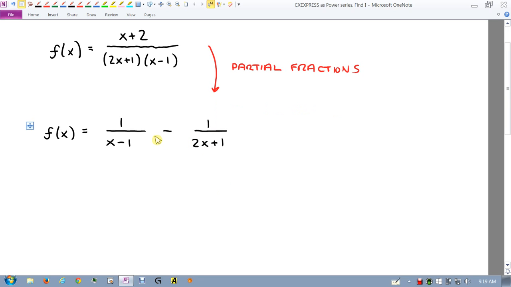Each one of these individually looks exactly like something over there with our formula. We just have to, again, massage it, make it look like what's over there. So on the first one, 1 over x minus 1, I just need the 1 and the x to switch places, right? So what I'm going to do is just factor a negative out of the bottom and place it on top.